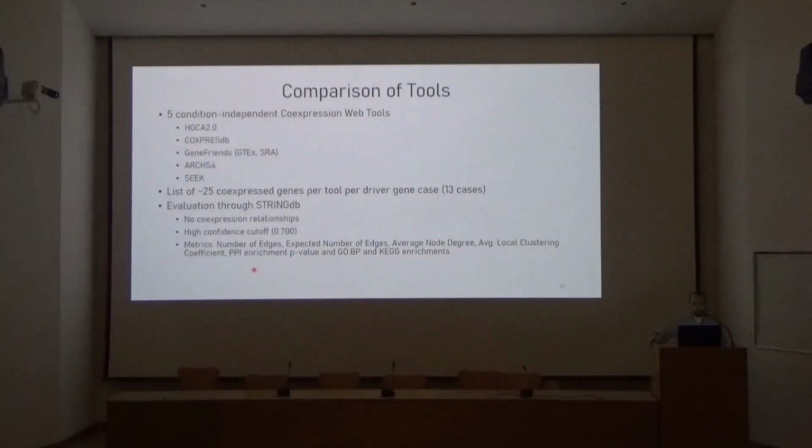So to do that, we did not select any co-expression relationship. We only selected all the other relationships that STRING includes. We included a high confidence cutoff, and we used the following metrics, which include not only network metrics, but also biological process and chain enrichments.